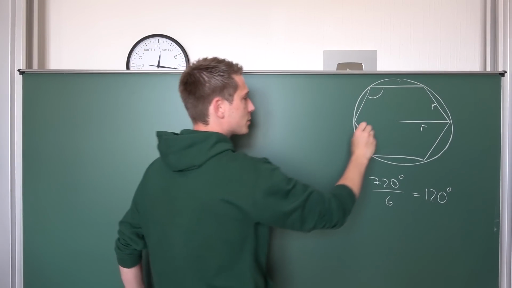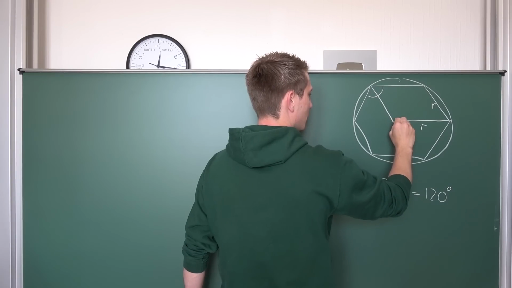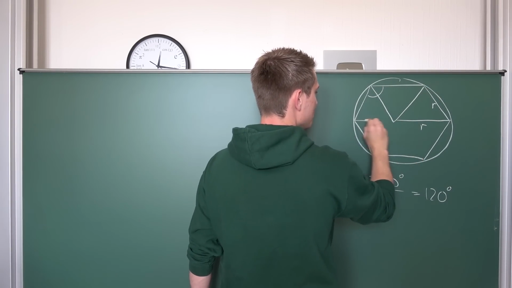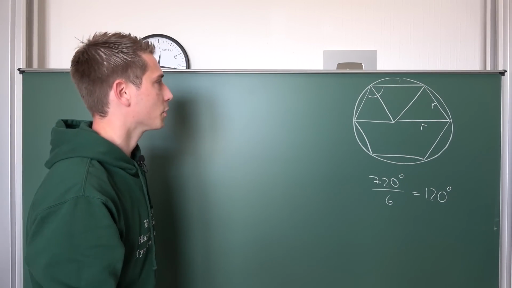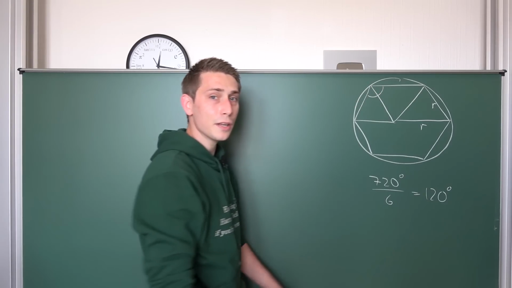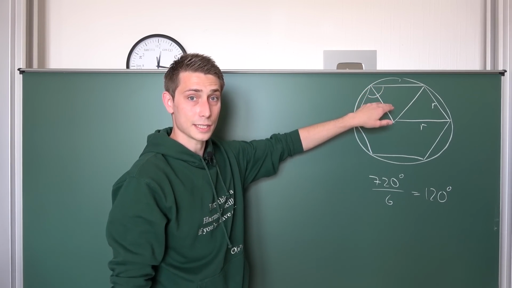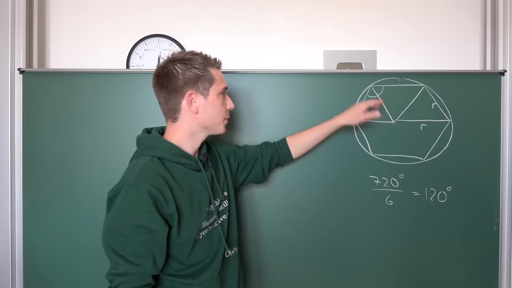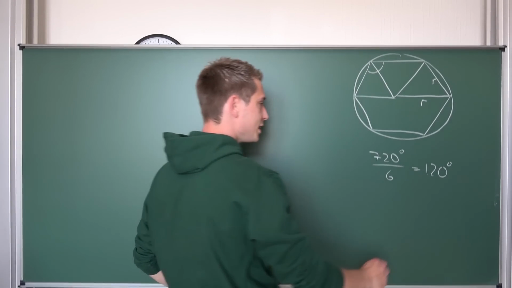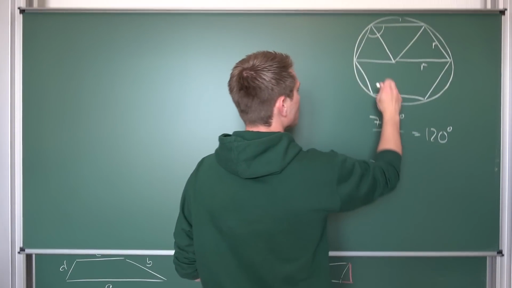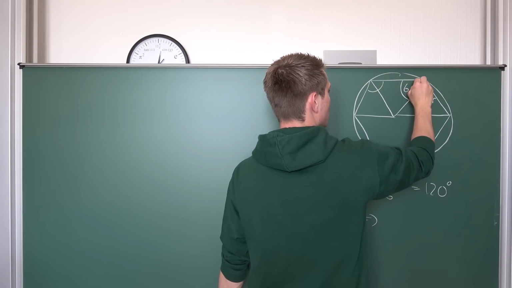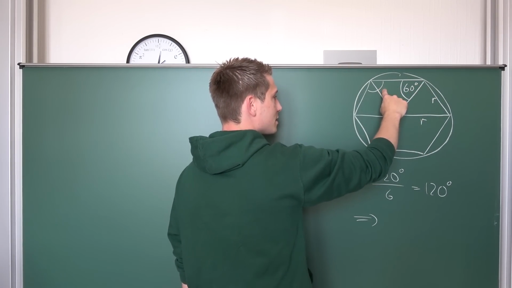If we partition this thing up like this, okay, I hope you see where I'm going. Since this is a regular one, side lengths are equal, we are going to divide those interior angles in half, meaning 60 degrees. So each of those in here is actually 60 degrees. This is 60, this is 60.